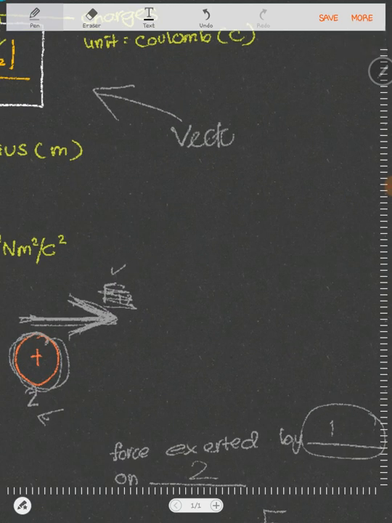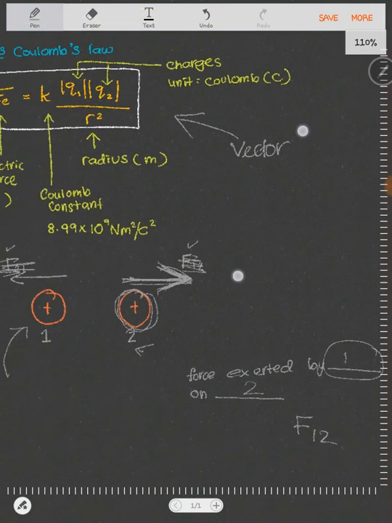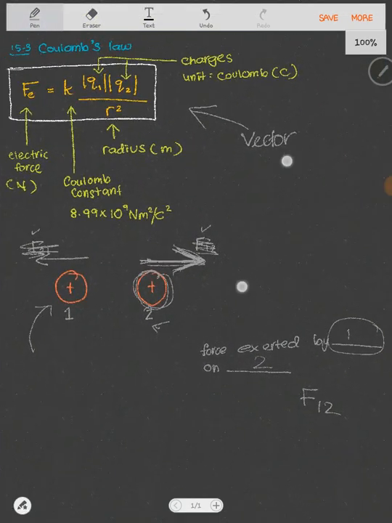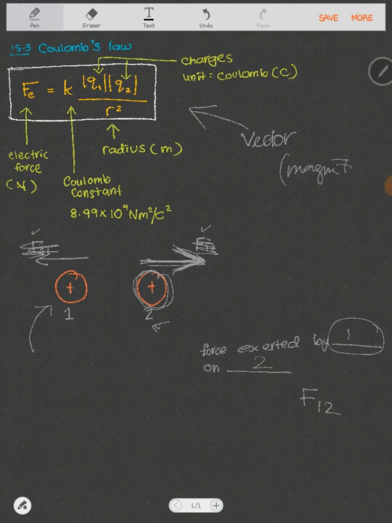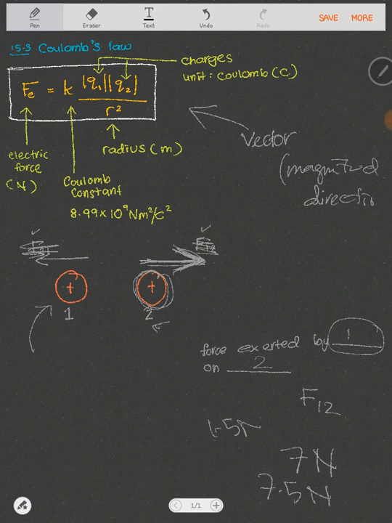Okay, vector quantity. So bila kita cakap dia adalah vector quantity, so dia ada magnitude, dia ada direction. Magnitude is ukuran. Okay, ukuran macam 7 Newton or 7.5 Newton or 1.5, only 1.5 Newton, menyebabkan dia tertolak ke arah kanan macam tu. And then the direction is like kanan or kiri.